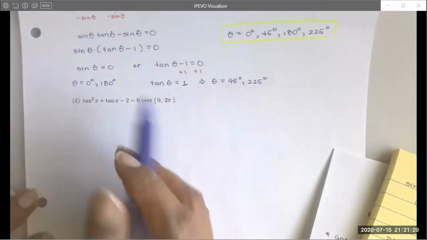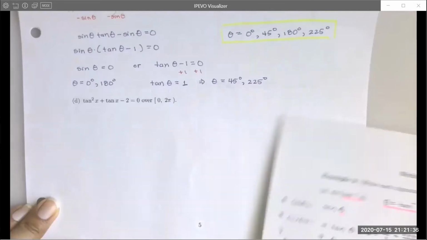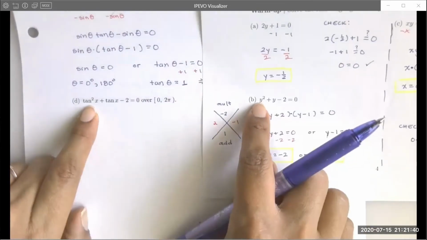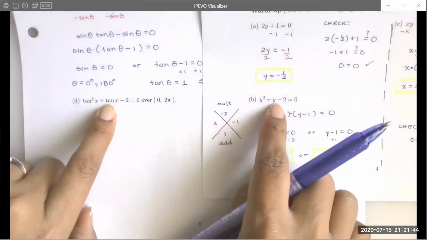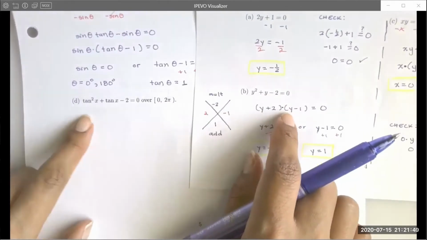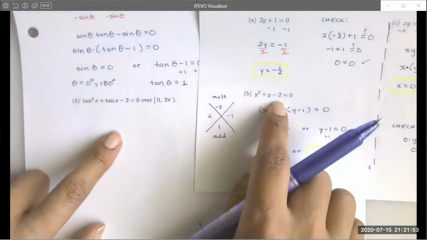Okay, so what does this look like? Again, go back to the warm-up. Go to part B of the warm-up. If y were representing tangent, it would say y squared plus y minus 2 equals 0. So this is going to factor the same way that y squared plus y minus 2 factors.